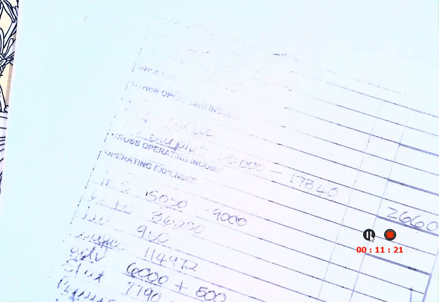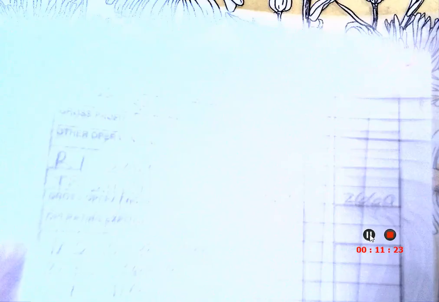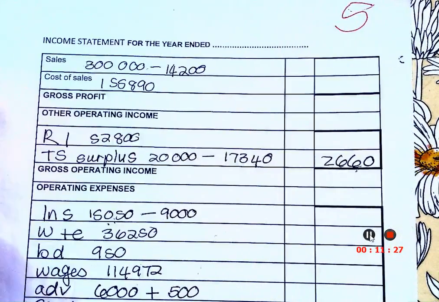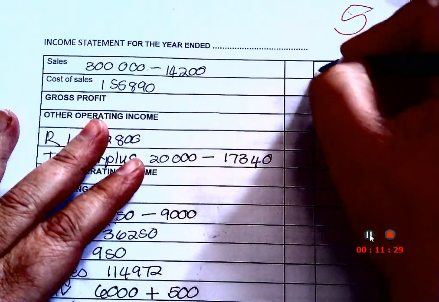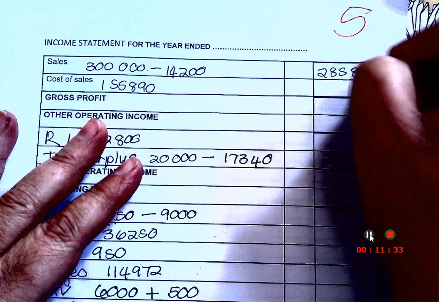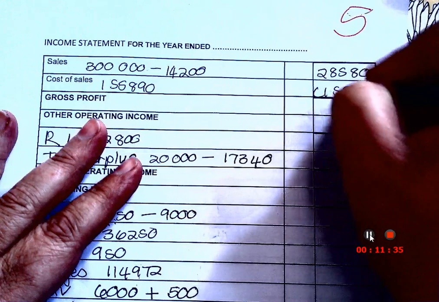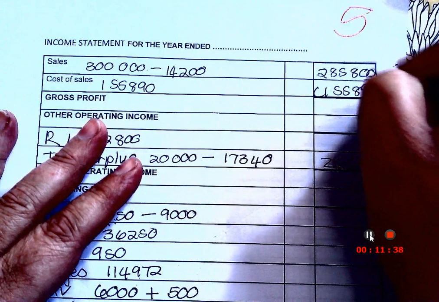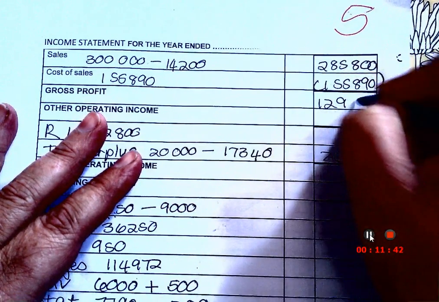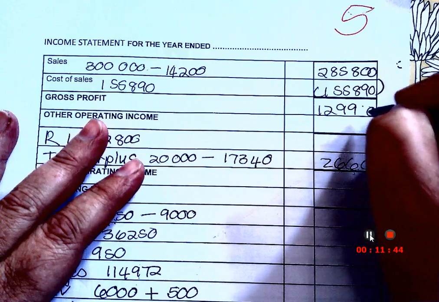So let's finish this. So what is sales? Please be quiet. Sales is going to be 28 less 155,890 gives me gross 129.